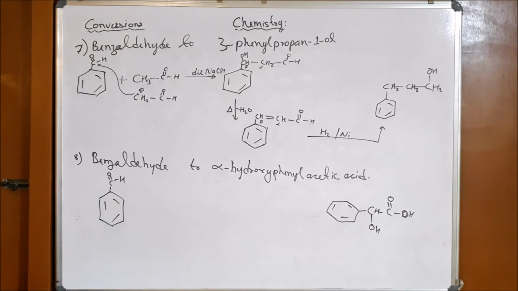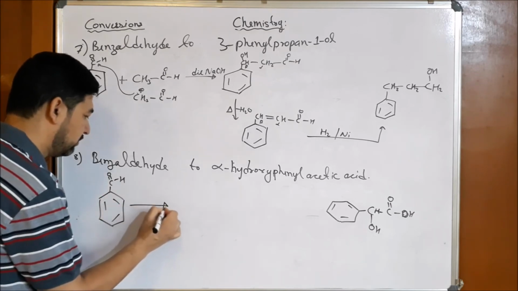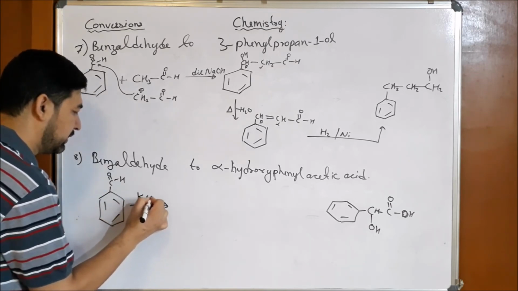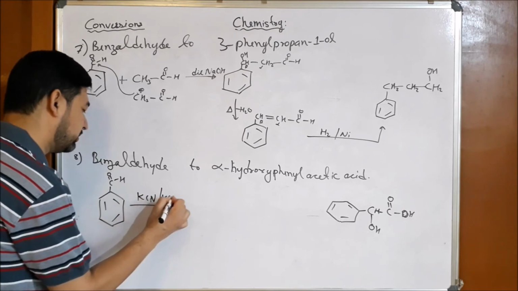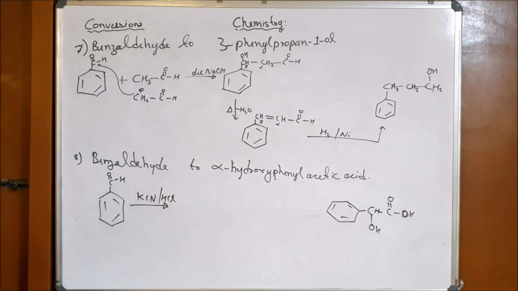One carbon is increased. Normally we would do this step of reaction, but here we have to protect the O also. We'll add KCN and HCl. Do you know the cyanohydrin reaction?